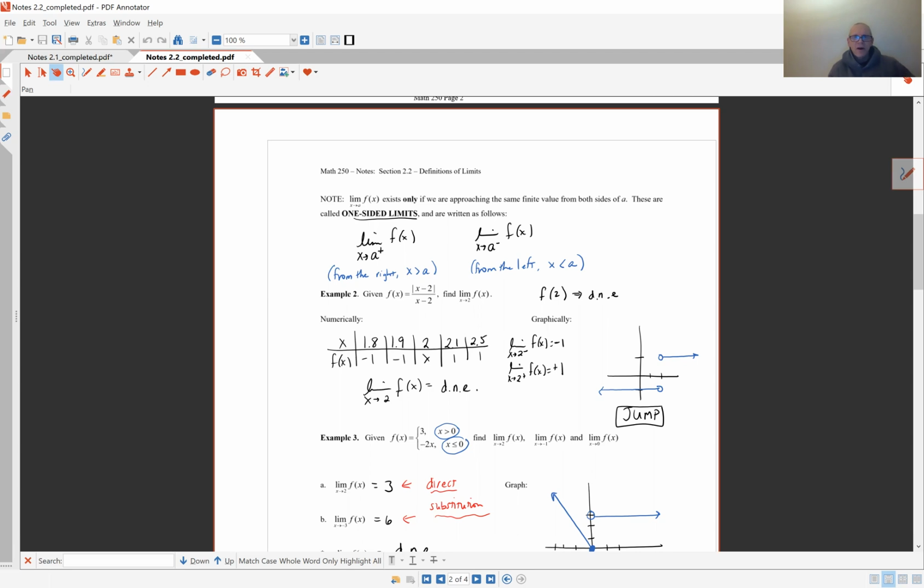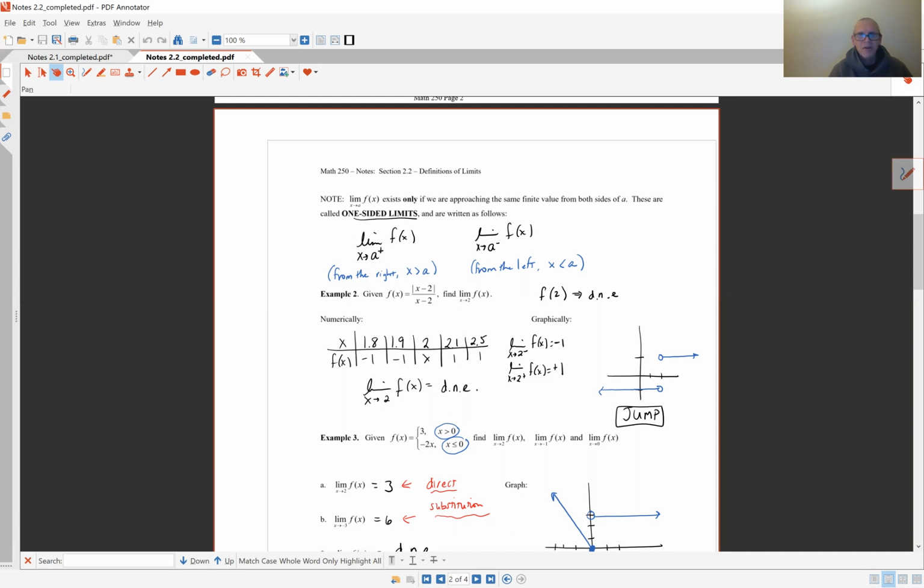The graph is actually that step function. And where it says jump, as we get very close to 2 from the left, the value of the function is negative 1. Let's say x is 0.